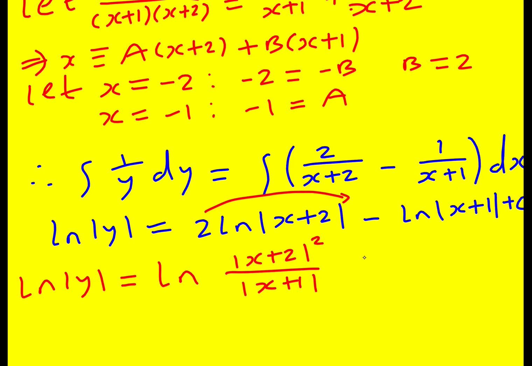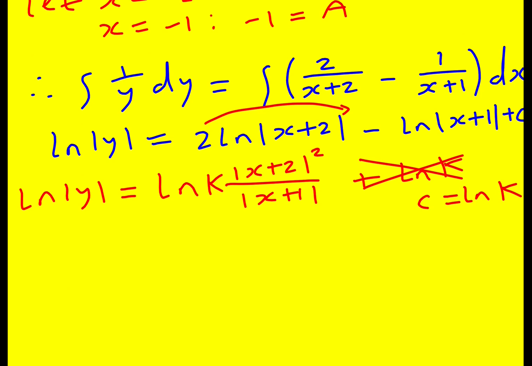And then I'm still adding c. Now instead of adding c, I could actually add, say, ln k. And that in fact allows me to bring that inside the log as well here. So I don't add a constant, I'm multiplying by a constant instead. I should probably just write down that c is equal to ln k.